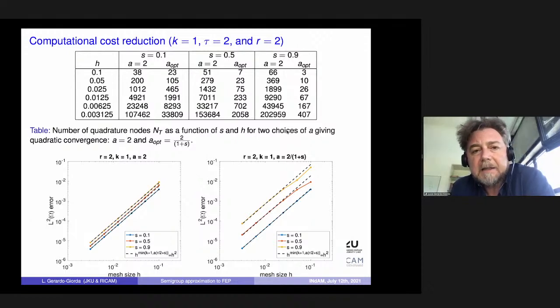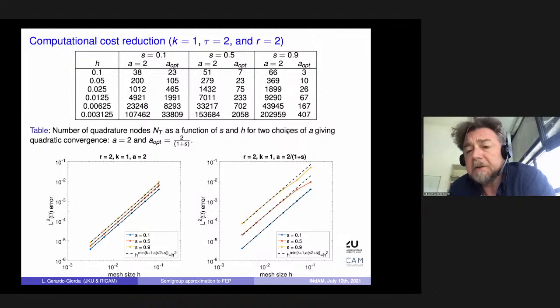And in reality, we show in the paper that it's possible to identify an optimal value for a, which is actually 2 divided by 1 plus S, where you can achieve, again, second order accuracy, which is the plot on the right of this slide, exactly like in the case with a equal 2, but with way fewer quadrature nodes, which entails a major computational gain.